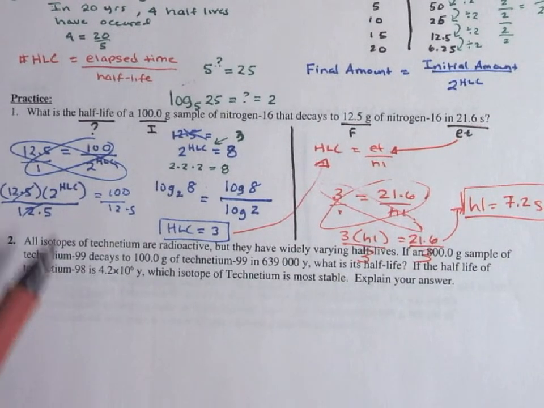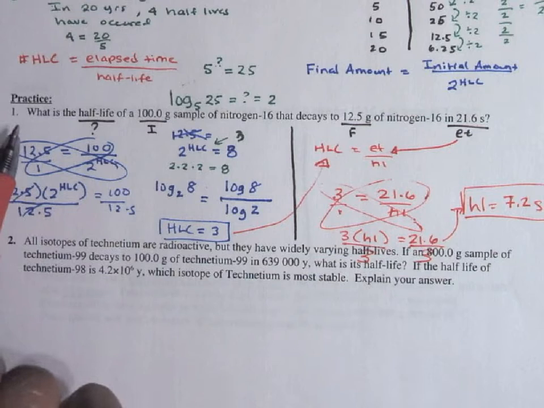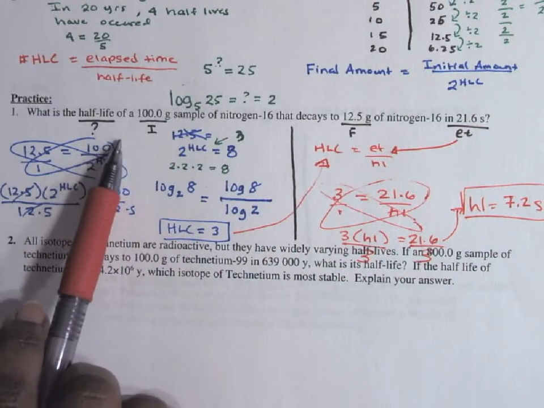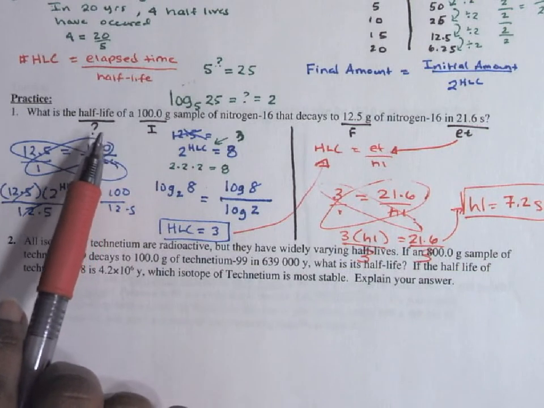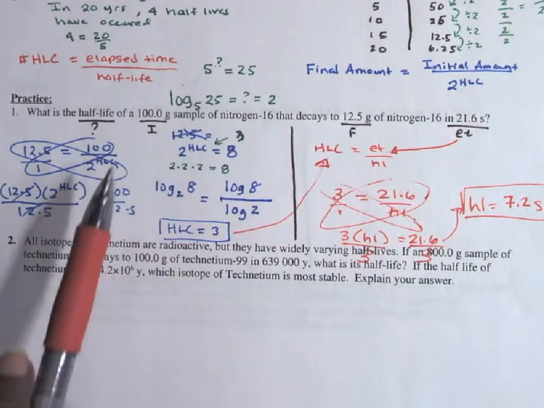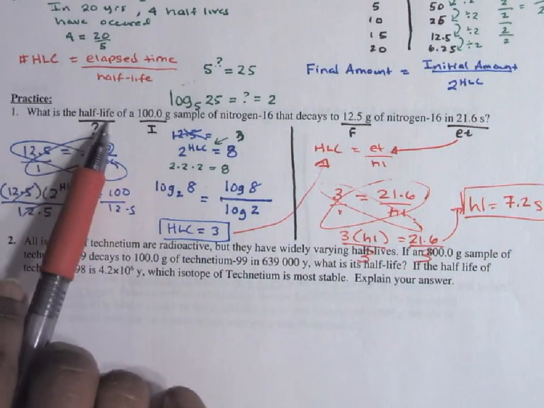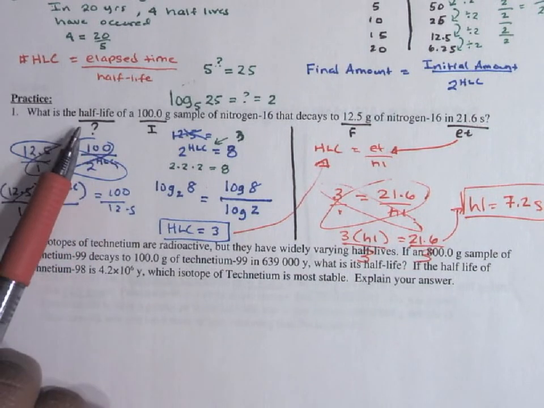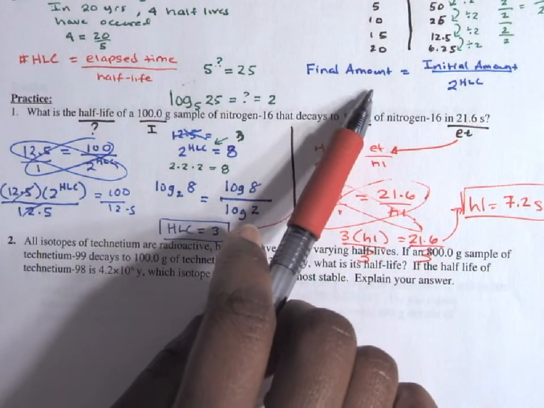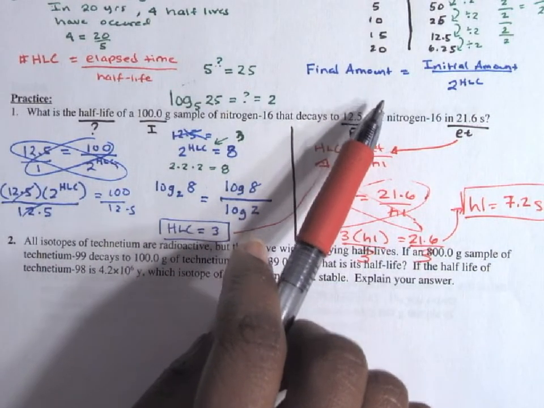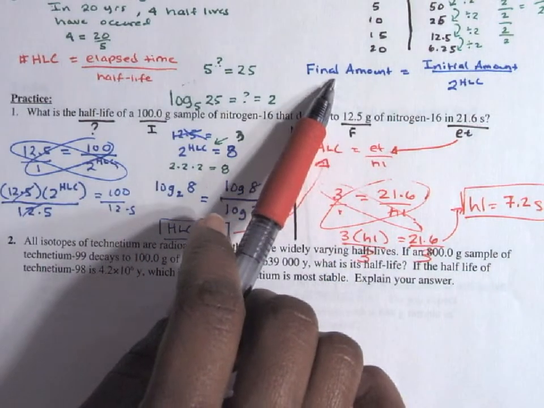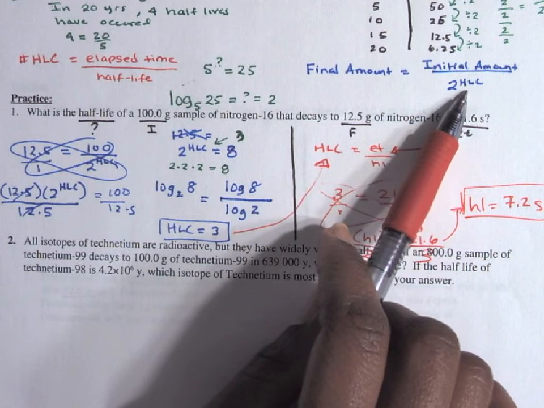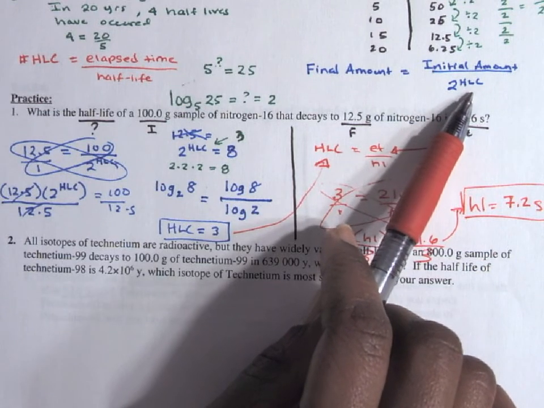Okay, so let's just quickly recap what we've done. First thing we did was we read the problem. We identified our given and find. Then we used our find to figure out which of the two equations we're going to use last. Since we were asked to find half-life, and equation A has half-life in it, we use that equation last. And that means we know we're going to use the other equation, equation B, first. We plug the values that we have, our final and initial amounts, into equation B, and solve for the number of half-life cycles, which again count the number of half-lives.